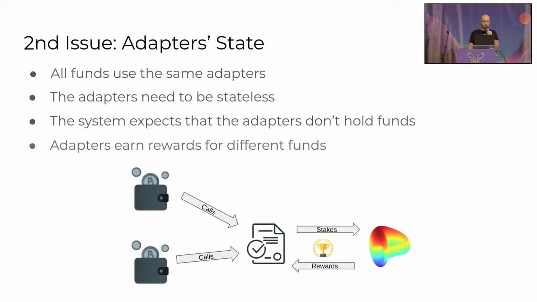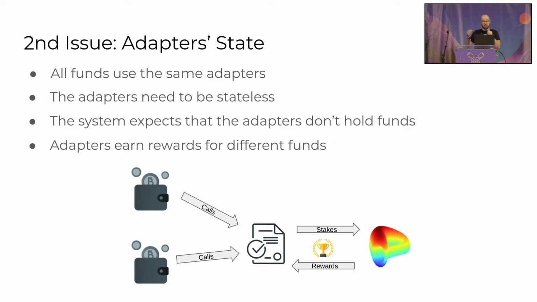To give you an example, imagine that you want your fund to stake on Curve. Of course, you have to pass through an adapter to do this, right? Because, as we said, we don't want to directly call Curve. Then we need to make sure that in our adapter's logic, we show that the fund is the actual staker and not the adapter.